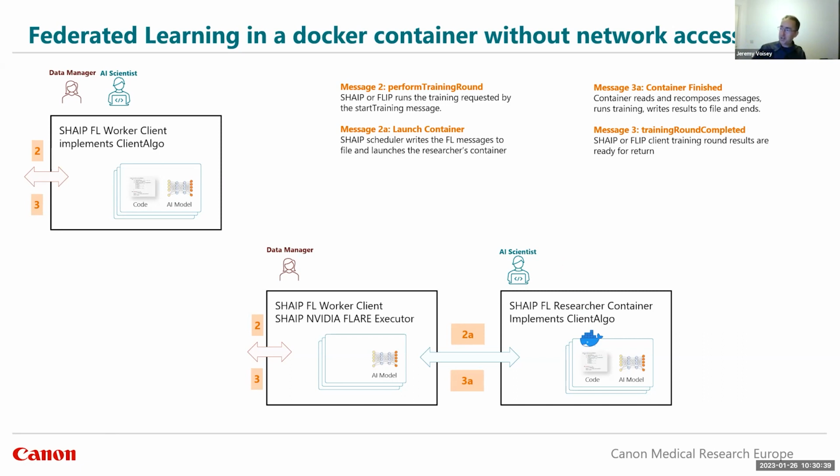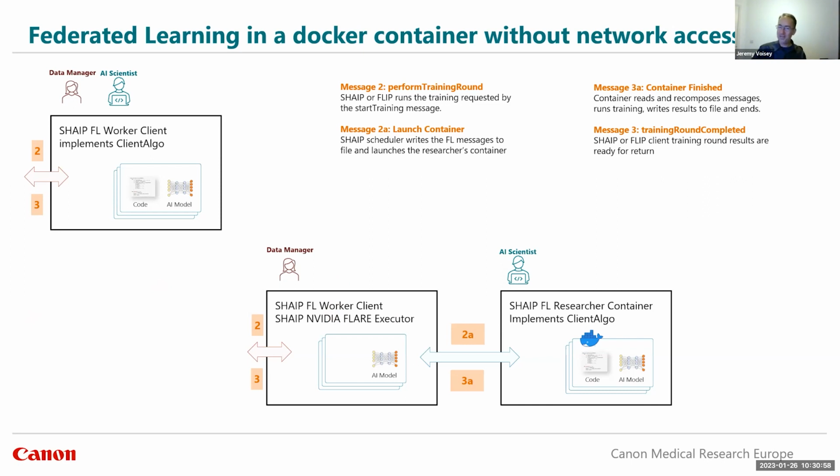As soon as it finishes, the SHAIP scheduler detects that it's finished, takes those messages, reads them from file, reconstitutes them, and passes them back up the line to the NVIDIA FLARE server, back up the line, the MONAI FL hub.